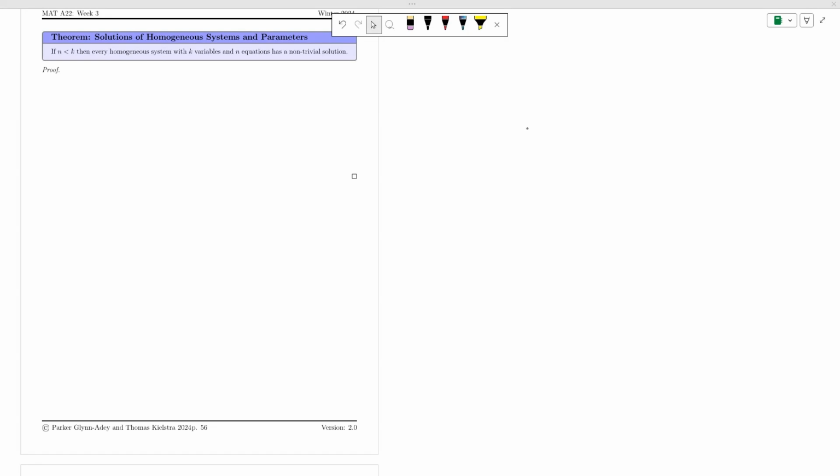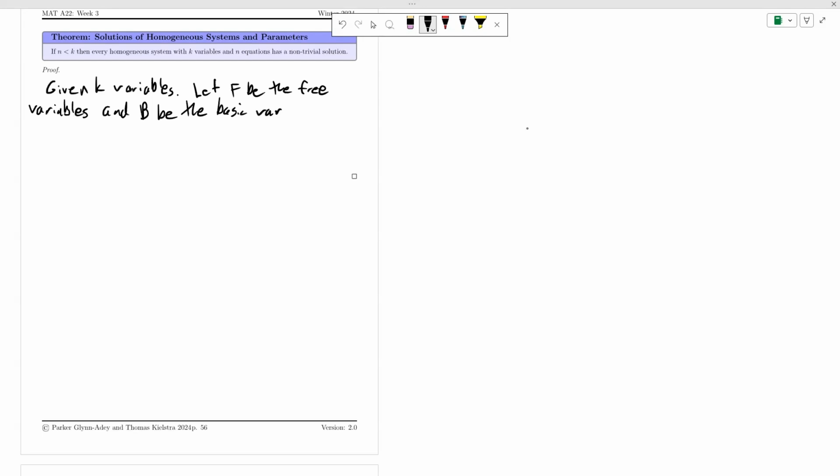And the idea here is, given k variables, let f be the free variables and b be the basic variables. Then k is going to equal f plus b.